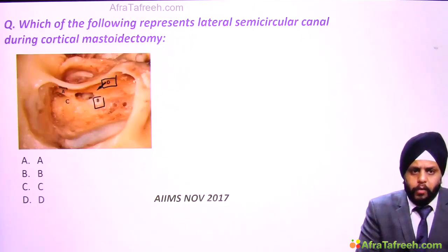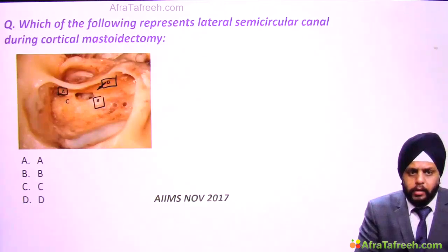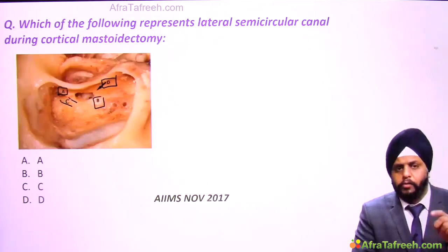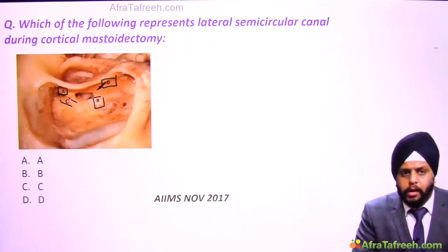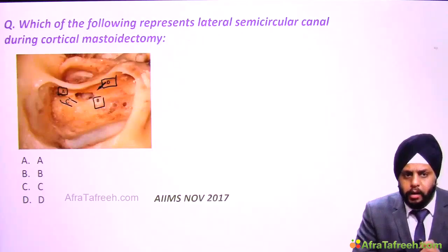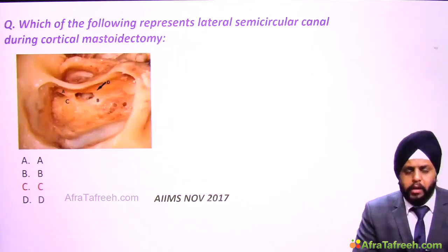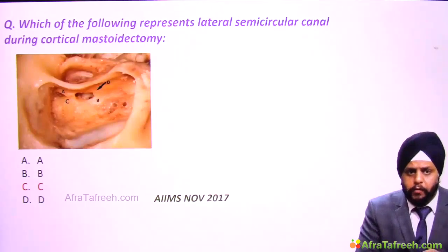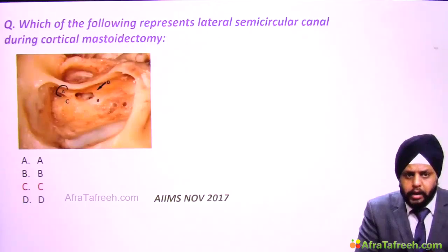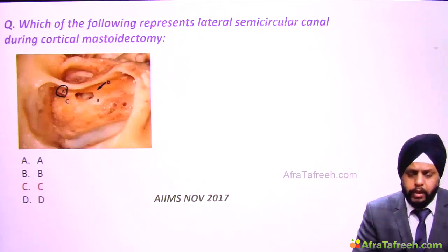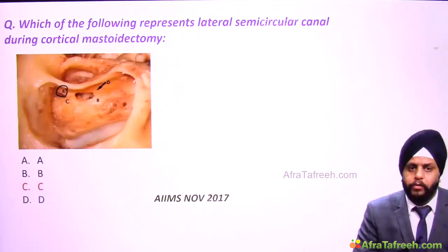The A over here is the incus and this is the lateral semicircular canal. So C is your lateral semicircular canal. So the answer was C. A similar question was also asked where you were asked to identify A, that was the short process of incus, or you can simply mark it as incus as was given in the choice.